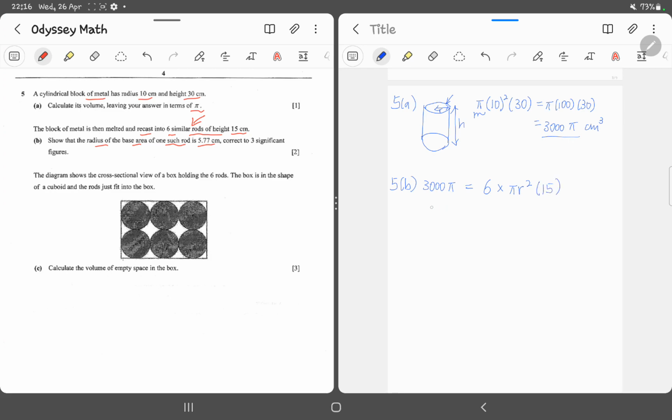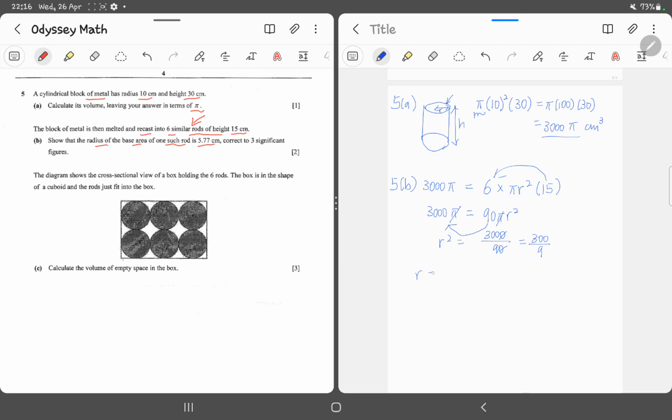So this will be 3000 pi equals 15 times 6, which is 90, times pi times r squared. Cancel the pi. In this case, r squared, the 90 I bring over is divide. So 3000 over 90 equals 300 over 9.